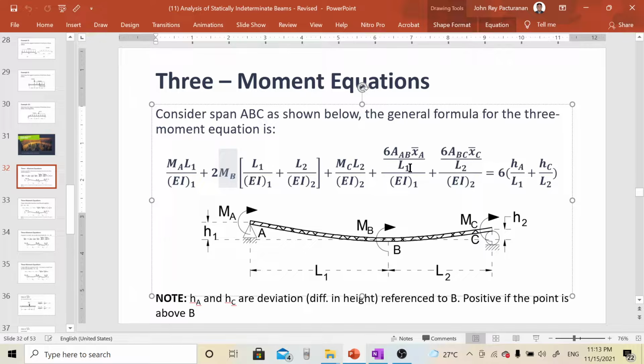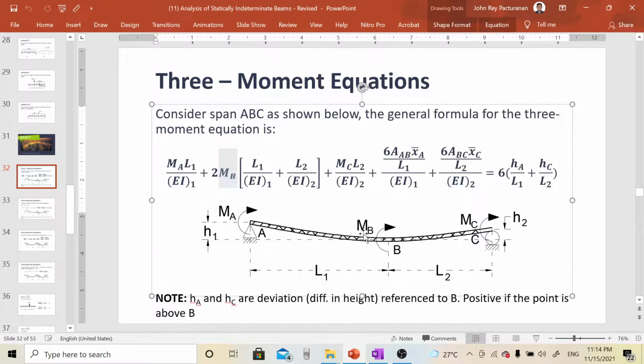There are tables para sa mga uniform beam, uniformly varying, concentrated, and so on and so forth. But I will not use those tables because I want my discussion to be versatile. Okay? So, ang importante, itong mga values na ito can be obtained later on. Parang may specific formula ito katulad ng fixed-end moment kanina, no?